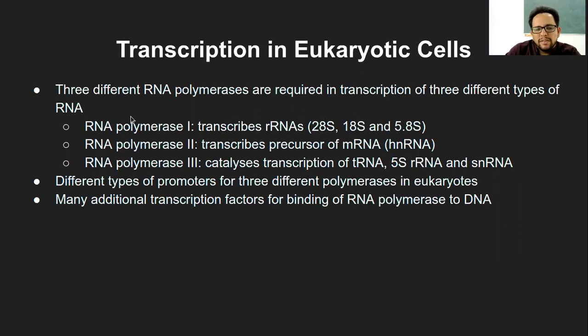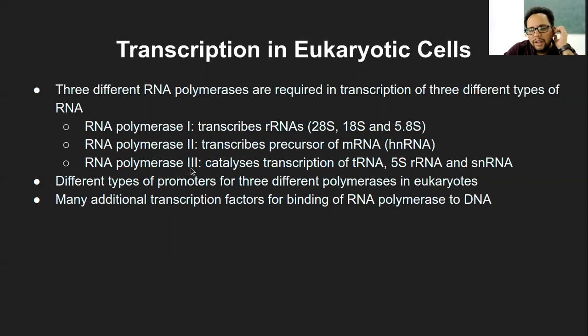That is what RNA polymerase 1 will do. mRNA, which is also called heterogeneous nuclear RNA, because it still has those introns and exons intact. It is just a copy of the DNA molecule. It is not completely processed yet. So that is the function of RNA polymerase 2.